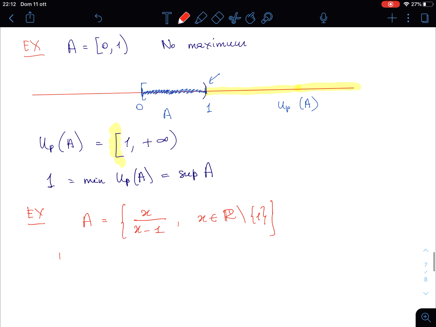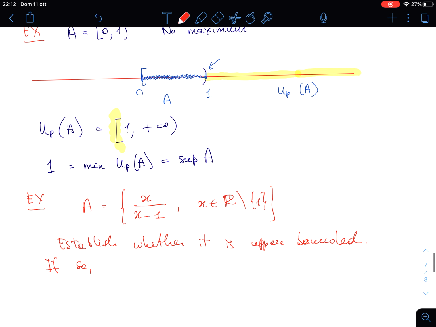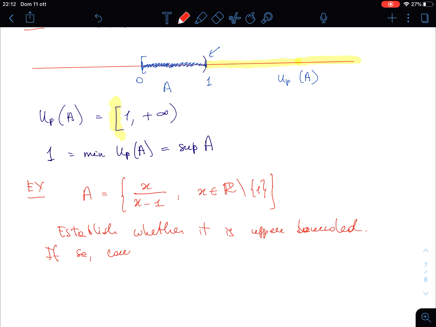Establish whether it is upper bounded, and if so, compute the upper bound.